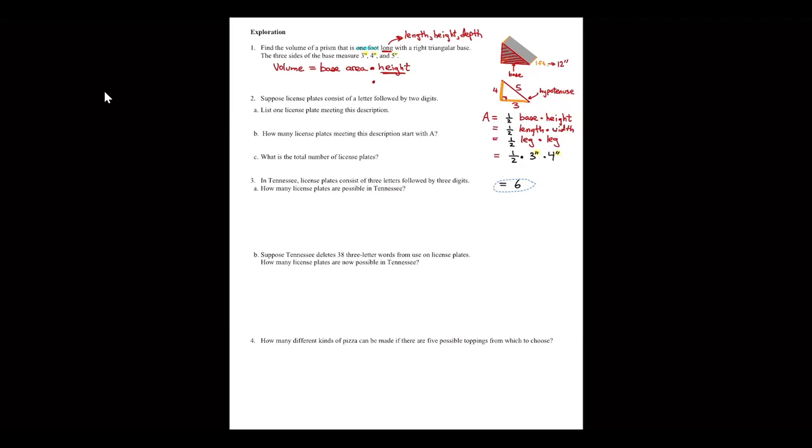Instead of using the quote approach, I could say 1/2 times 3 inches times 4 inches. I get my 6, but inches times inches is going to be inches squared.